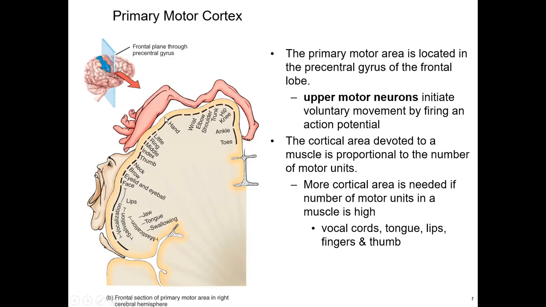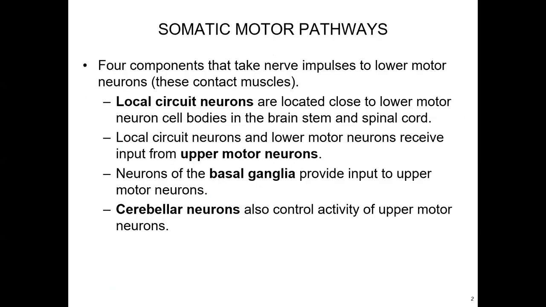These black lines, these clumps of neurons, collectively are called upper motor neurons. And yes, you guessed it, we will be seeing lower motor neurons as well. So let's take a look at the rest of this nerve impulse conduction pathway. Again, the receiving end of these nerve impulses will be skeletal muscle.